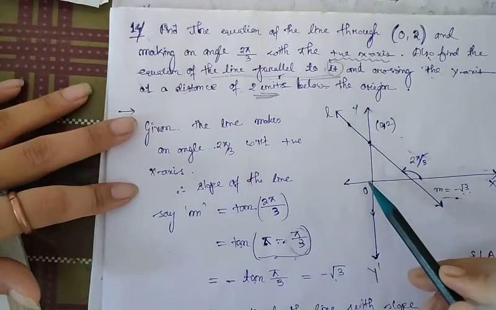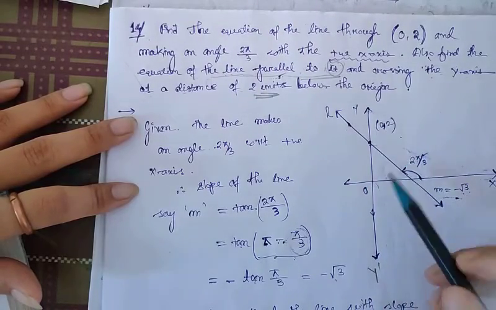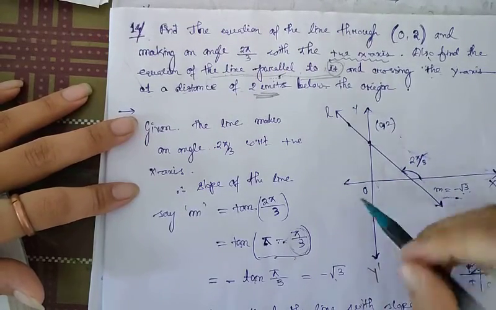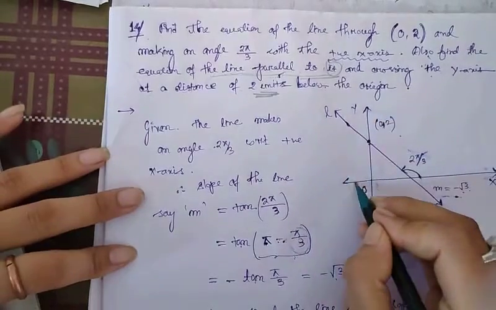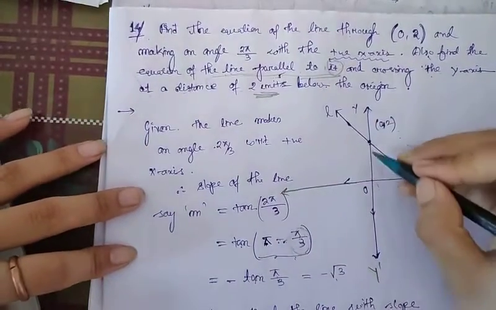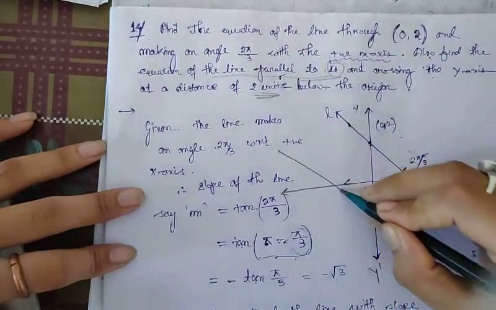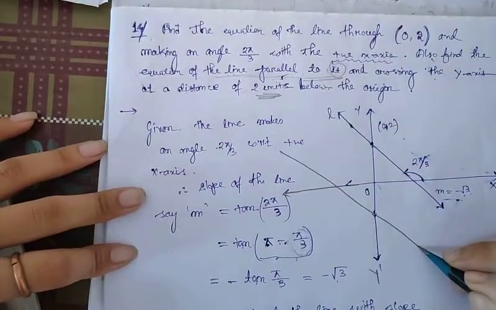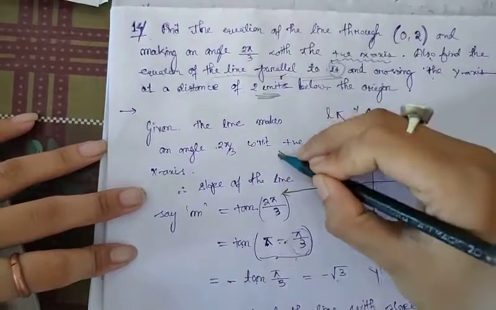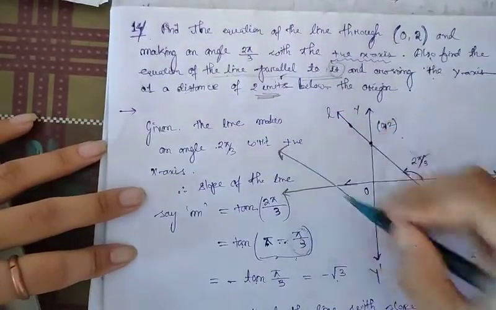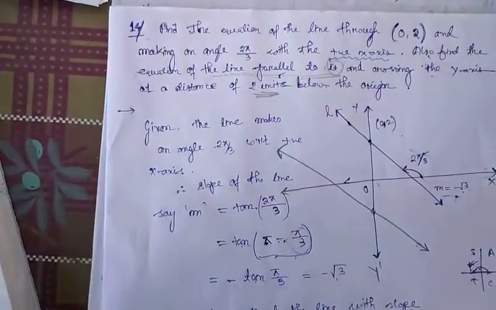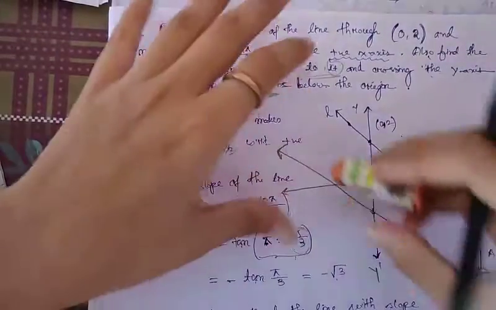Two units below the origin, so you have to find the equation of the line. We are extending our x axis in this way because I have to find the equation of the line. So this is our line. Make it parallel.